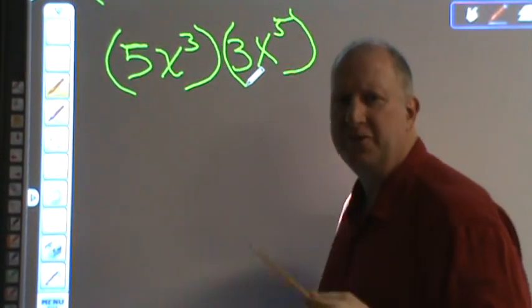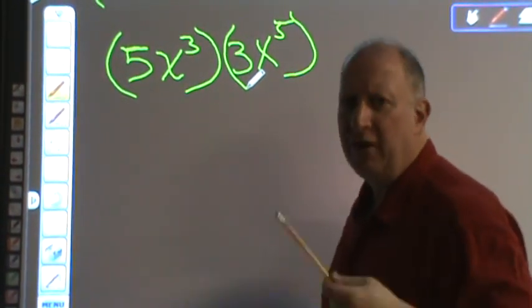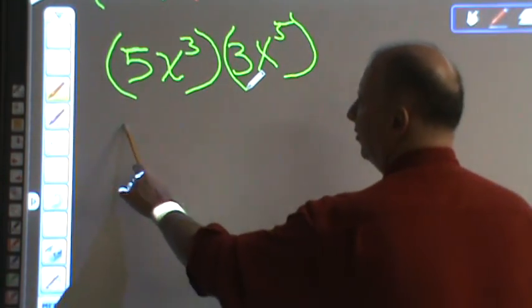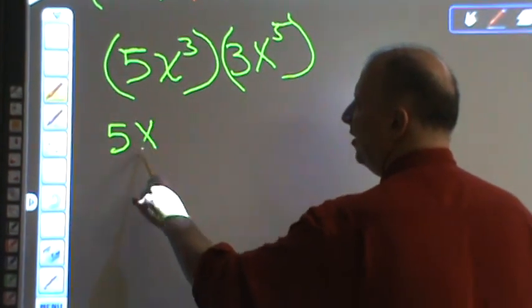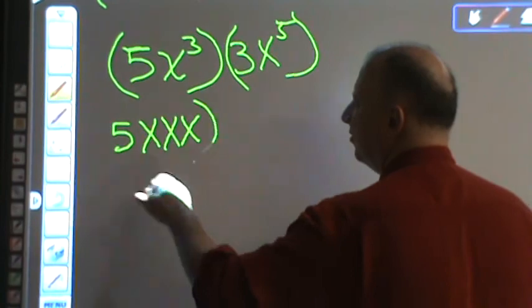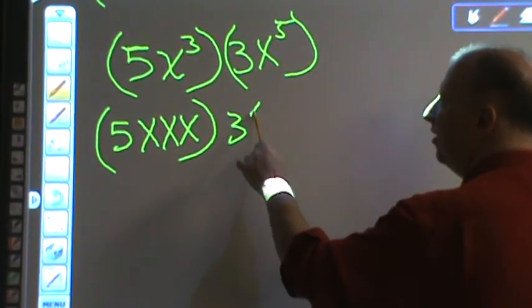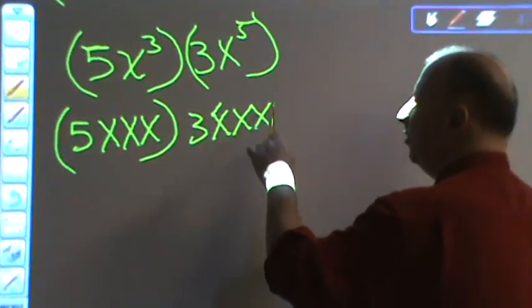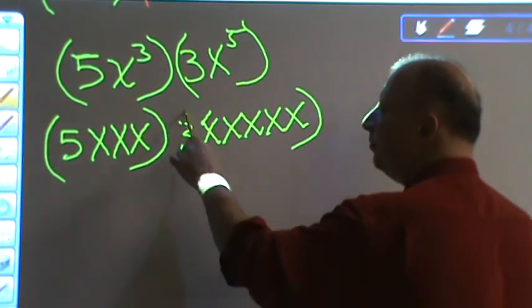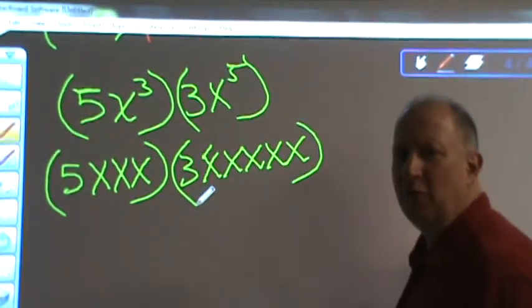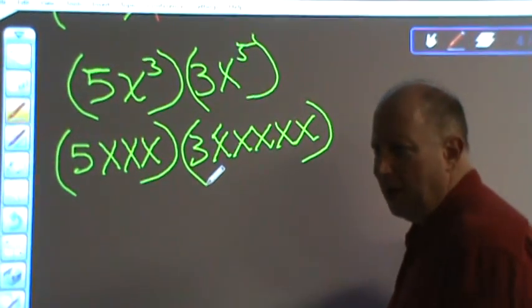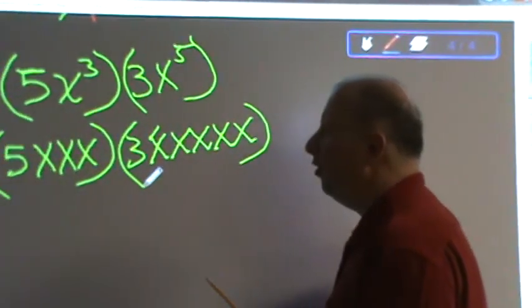Well, I'm going to first do it the long way, and then I'm going to do it the short way, of course. This is 5 times x, x, x, times 3 times x, and you multiply. And don't forget, when you multiply, commutative law holds.